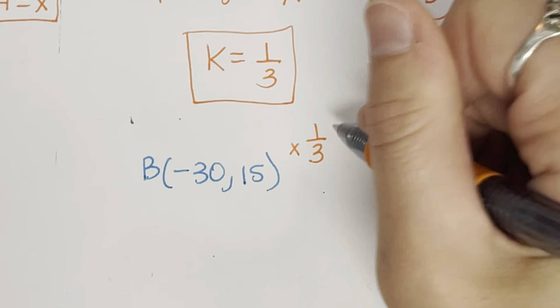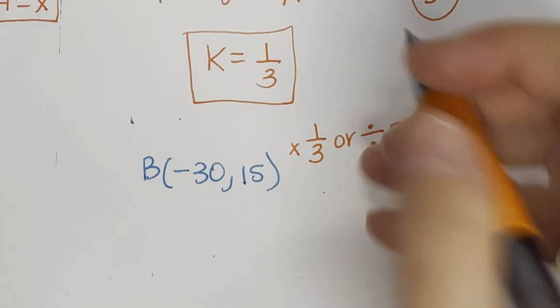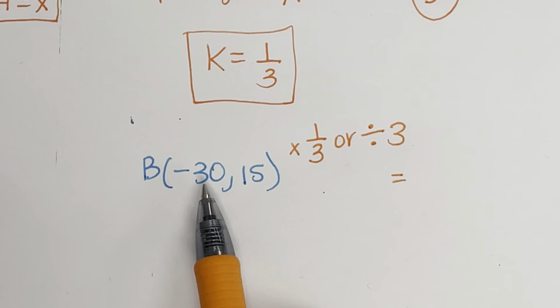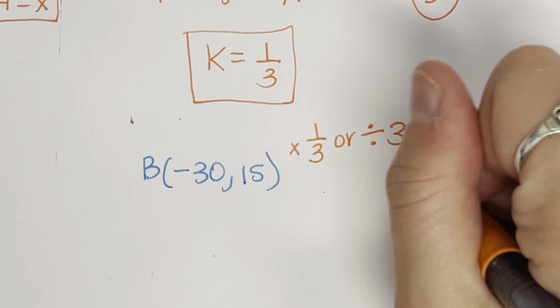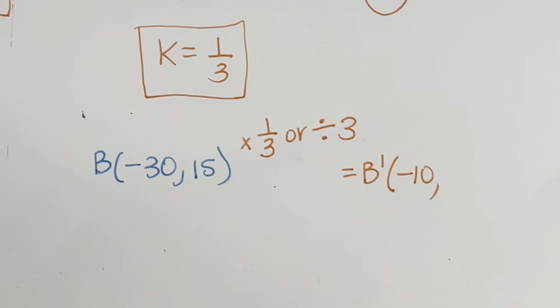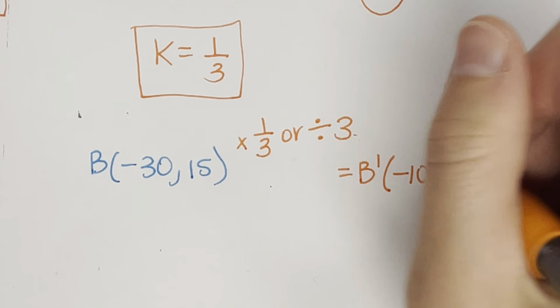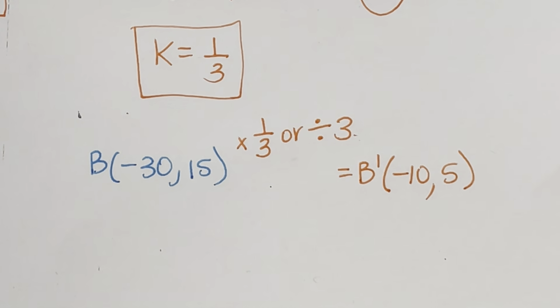Multiplying times 1/3 is the same as dividing by my denominator, which is 3. So -30 divided by 3 gives me my B prime as -10, and then 15 divided by 3 gives me 5. So my B prime is -10, 5.